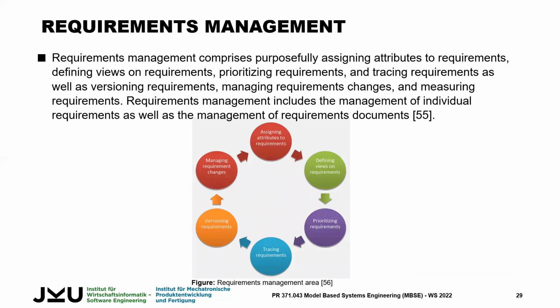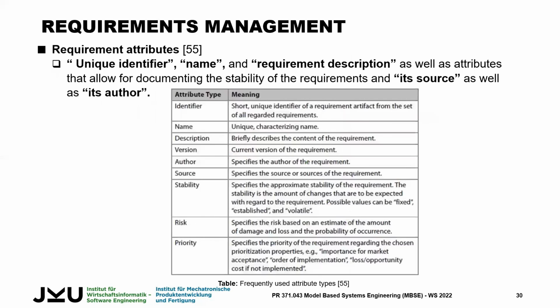And requirements management is, from the very beginning of requirement engineering, how you document the requirements, and if you make any changes, how you organize the whole thing. That's all about requirements management. And requirements management is supposed to have some attributes. So the unique identifier. Unique identifier means the number you use for one requirement is not the same as for other requirements.